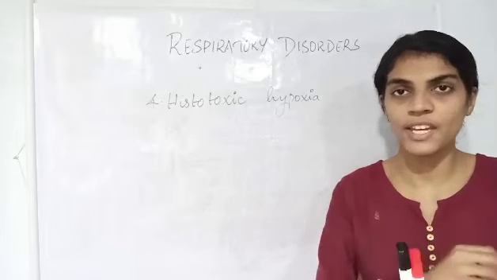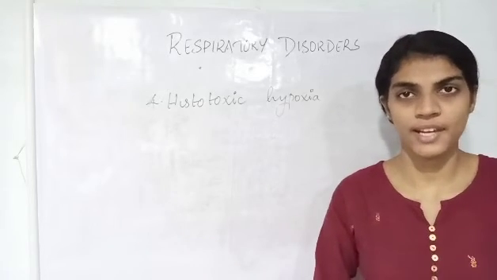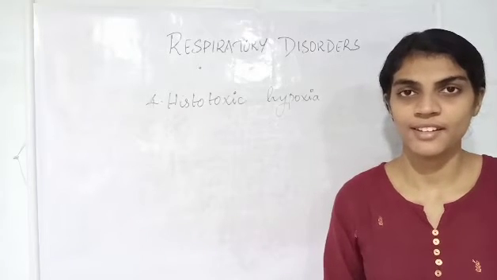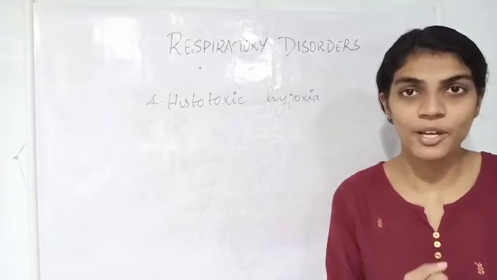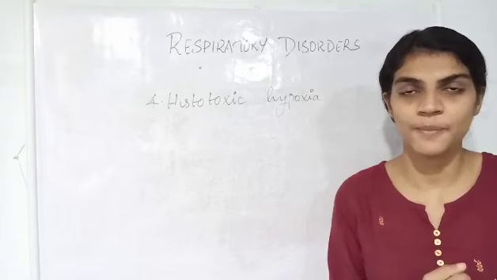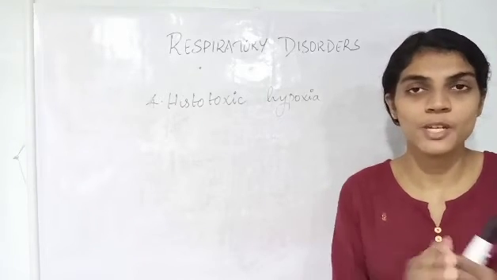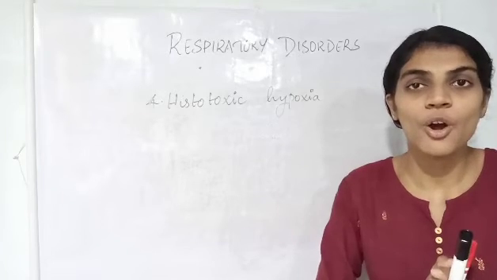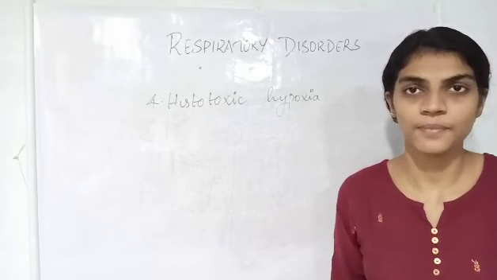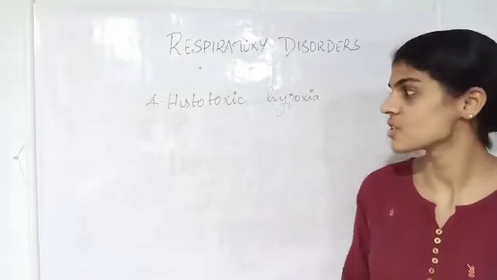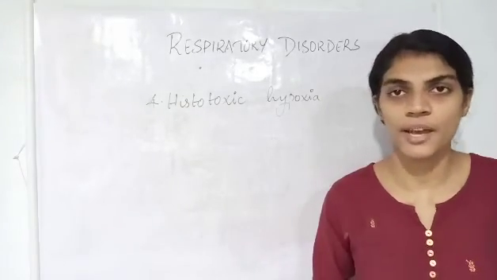Enzymes are very essential for the metabolic reaction. Even if the cell takes the oxygen, it cannot utilize it properly because of the lack of enzymes. Because of the lack of enzymes, metabolic reactions will not be occurring. So the cell cannot utilize the oxygen. Such a condition is known as histotoxic hypoxia.